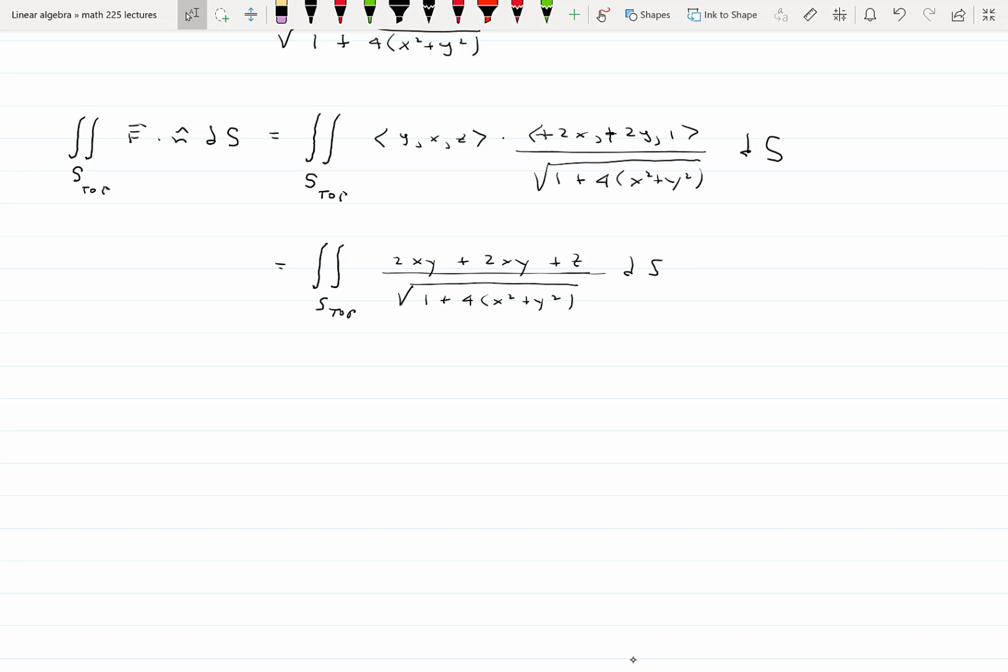How do you evaluate the surface integral? You stuff the formula for the surface into the function and turn it into a double integral over the projection of this region, in this case, into the xy plane.